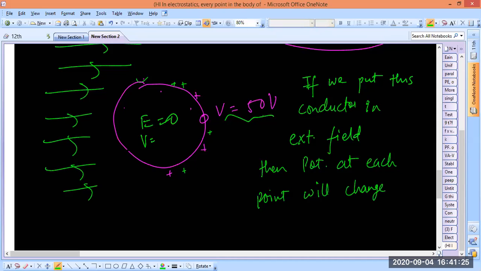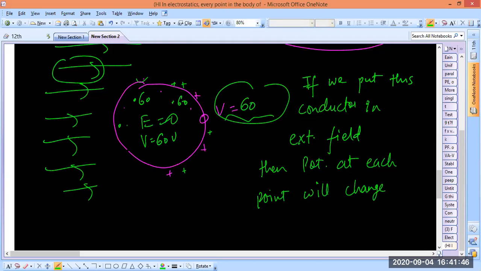That will depend on the field. How the potential changes will depend on this field. Because you are applying this field from outside, the potential will be different from 50 but the same at every point. So it's possible that at every point it is now 60.